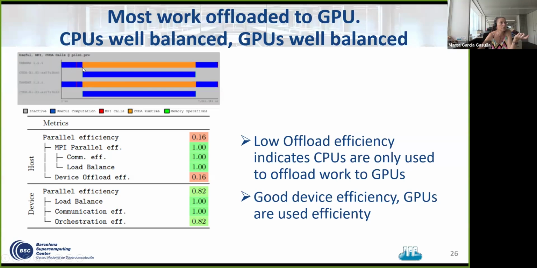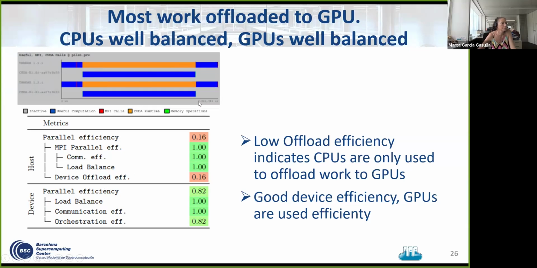Blue means computing. Orange means that I'm waiting for the GPU. We have two MPI processes; this is the process and this is its GPU, so two processes, each one with one GPU. In the GPU line, blue means that the GPU is doing useful work. Gray means that it's idle, that it doesn't have work to compute.